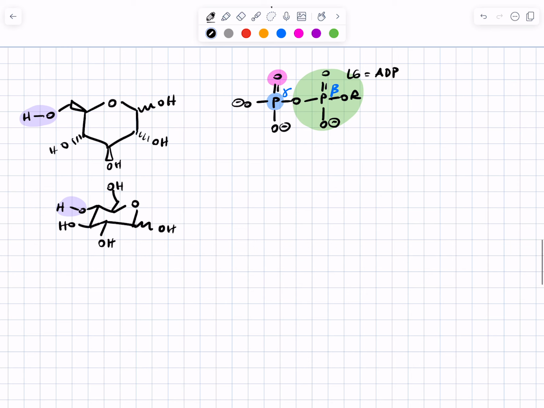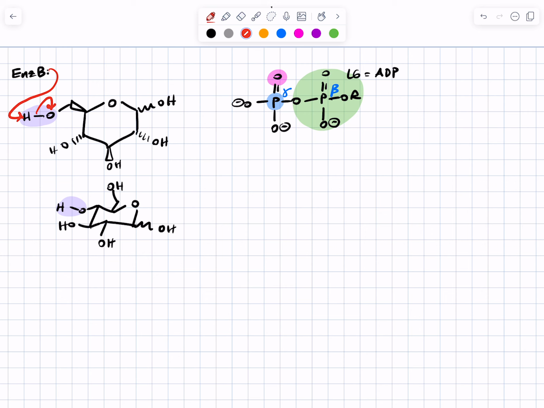So the pattern we've seen before is we're going to use a basic group to deprotonate the alcohol. Then the negatively charged alcohol, we could draw at this stage, we could go like this and draw a negatively charged alcohol intermediate. If you did that, no problem. That's totally fine. In fact, I used to prefer that, but it's a lot of drawing.